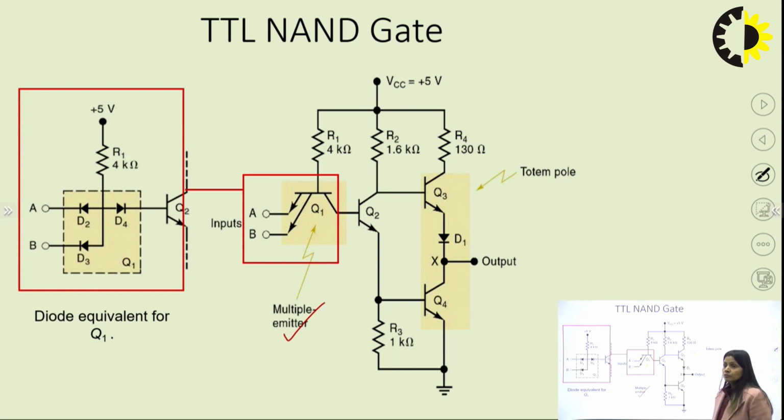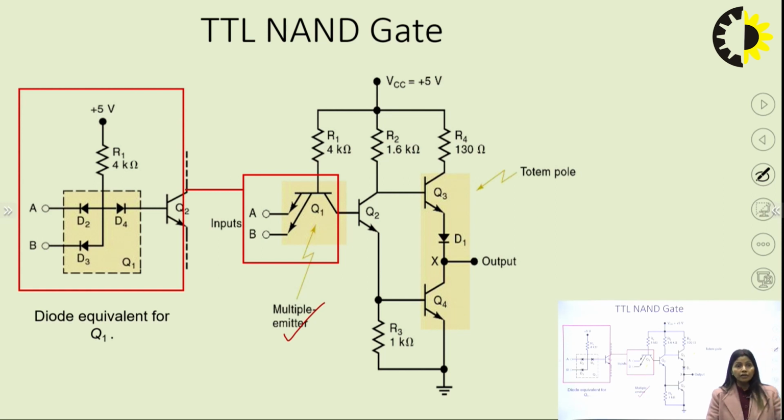One more very important term is the totem pole arrangement. We have taken two transistors, Q3 and Q4, connected with a diode.